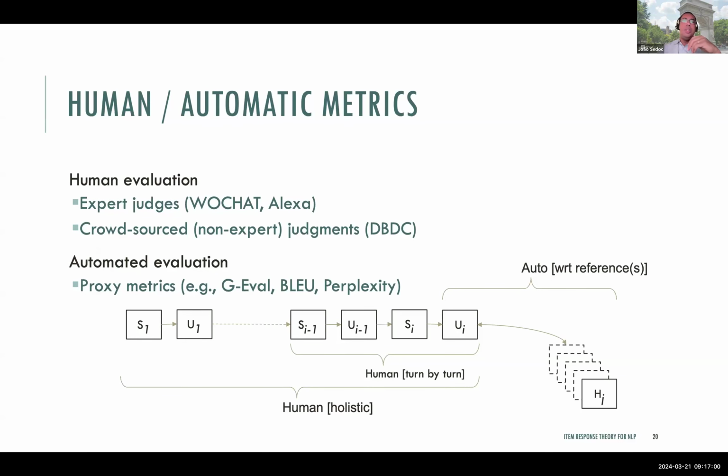Then to look at these automatic metrics and human metrics, we see that there are many different types of components. For instance, there are expert judgments, where we have experts try to do ratings. There are also crowdsourced judgments for these different types of systems.